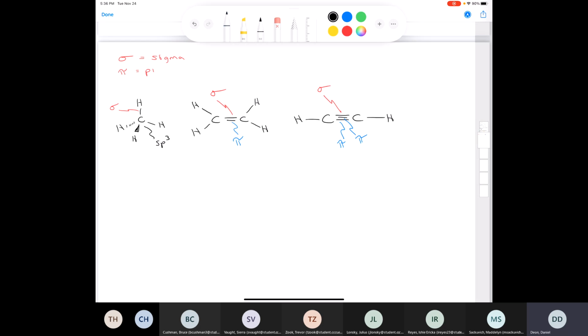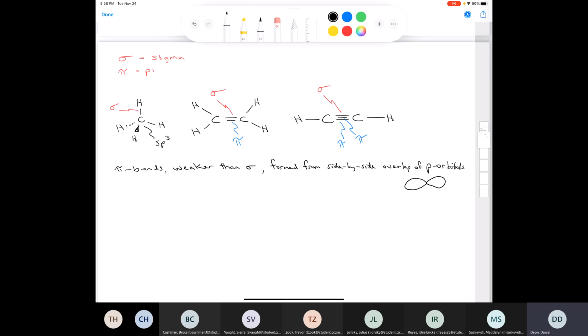Pi bonds are weaker bonds than sigma, and are formed from side-by-side overlap of p orbitals. You guys know what a p orbital looks like, right? A p orbital looks like this.